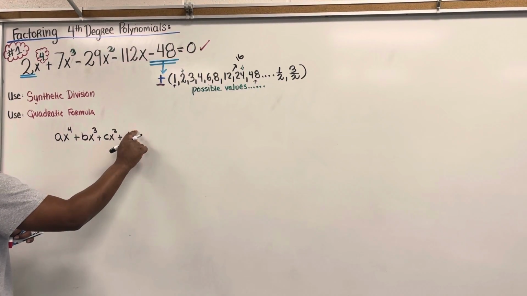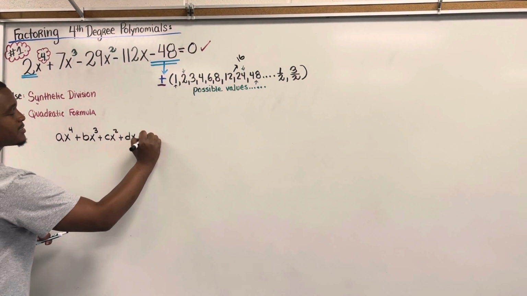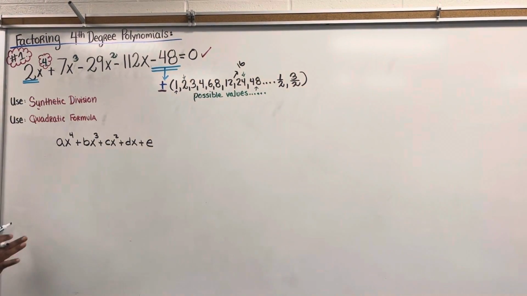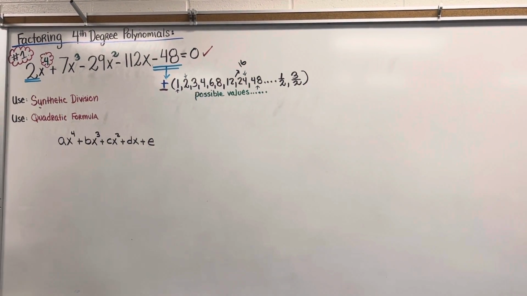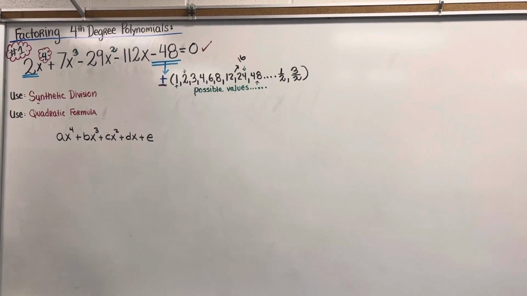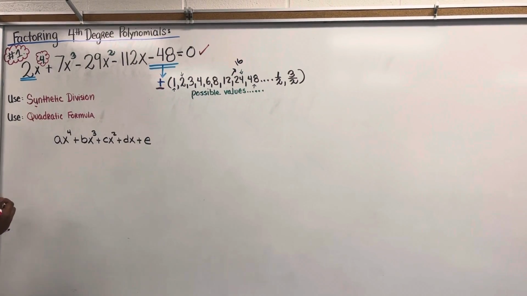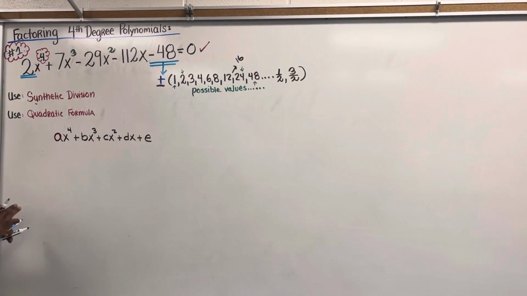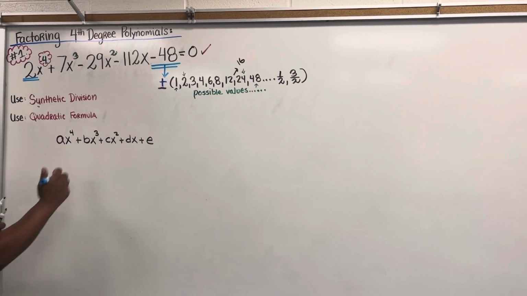If it's to the 1st power, we don't have to write a 1, all right? Plus e, and e is the constant or the number that is not attached to an x, okay? That's how the parent function of a fourth degree polynomial should look. And what I'm going to do is highlight each coefficient and the constant its own color.